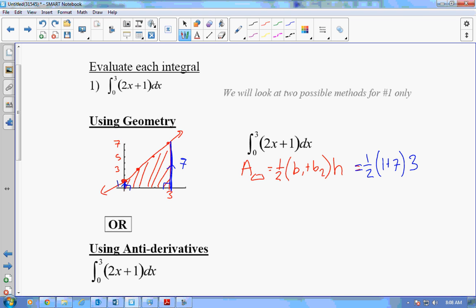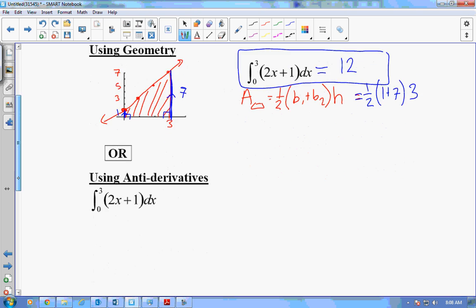Okay, so when we integrate using geometry, what do we get? What? 12. Yeah.